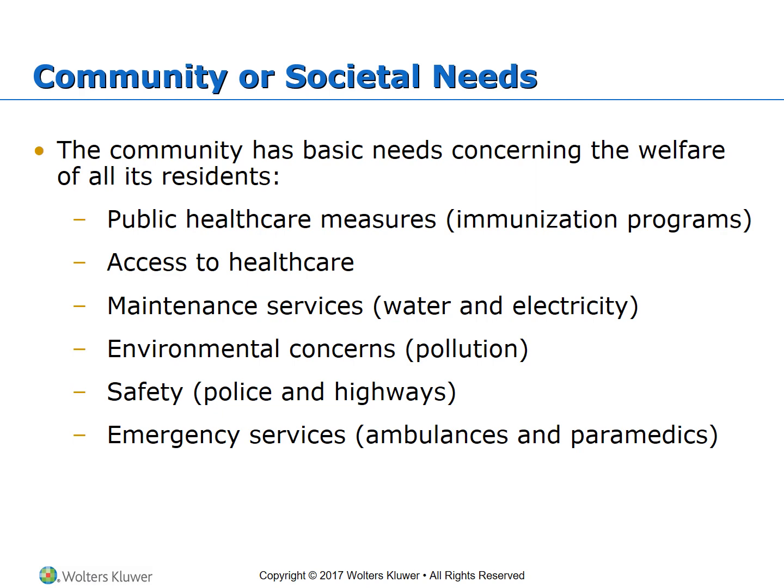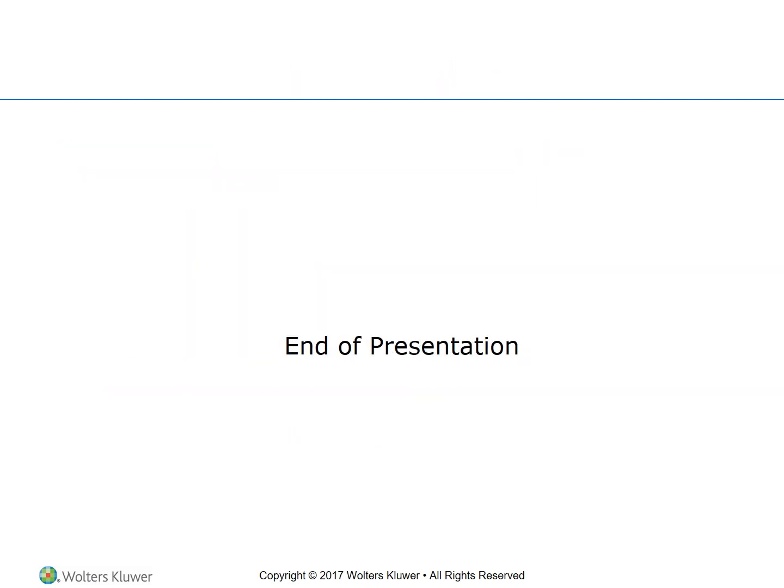So remember that among these needs are public health measures, which offer immunization programs. And that is chapter 5, according to Maslow's basic human needs.